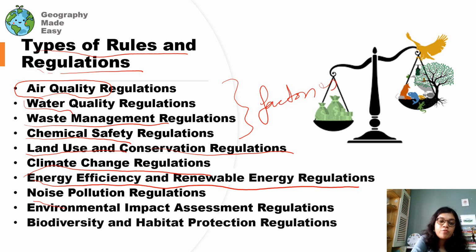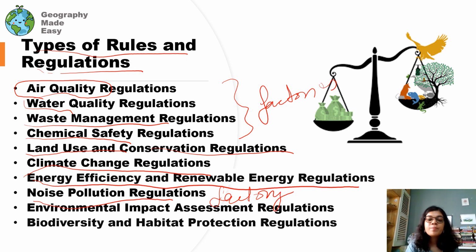Then we again have noise pollution regulations. Again, this is related to factories and industries. Then finally, we have the environmental impact assessment regulation. For example, for anything you want to build, you have to make sure that an environmental impact assessment is done of that particular area on which you are building, to assess whether it has any species which are endangered and whether you can actually go and build there.